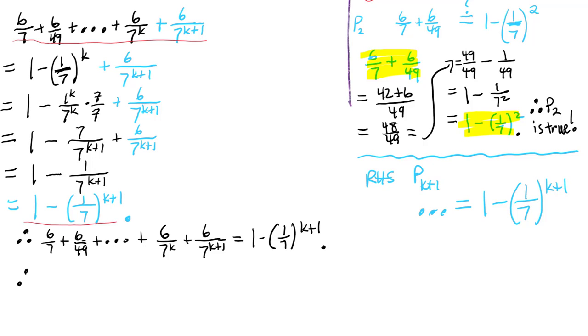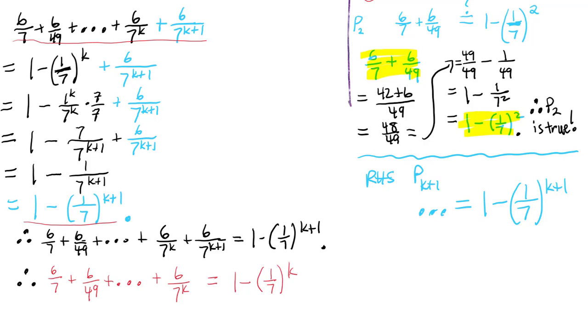Therefore, 6/7 plus 6 over 49 plus dot dot dot plus 6 over 7 raised to the k is equal to 1 minus 1/7 raised to the k.